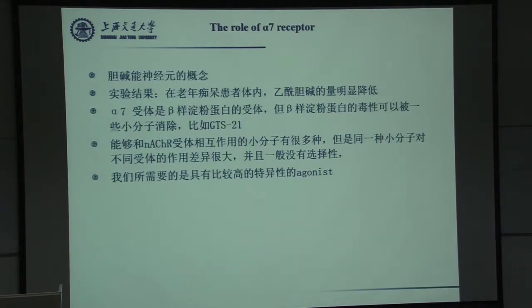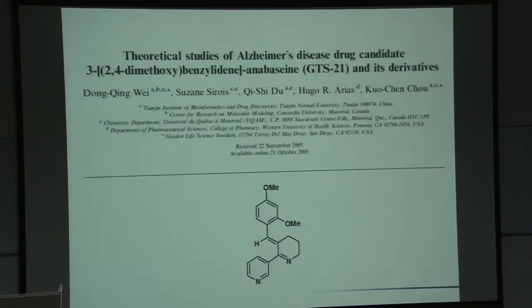So we want to understand this through studying ligand binding with the alpha-7 receptor. Many years ago, we did some very simple work, a quantum study on these molecules, which is a new candidate for Alzheimer's disease.